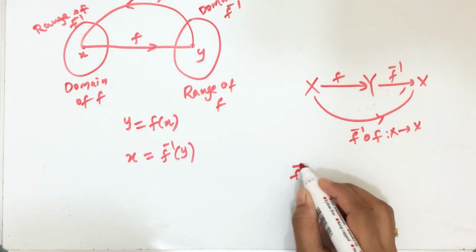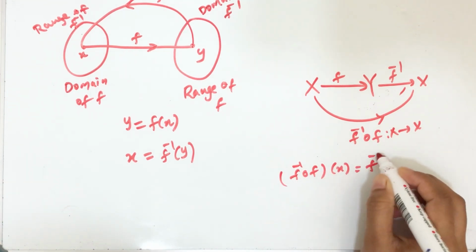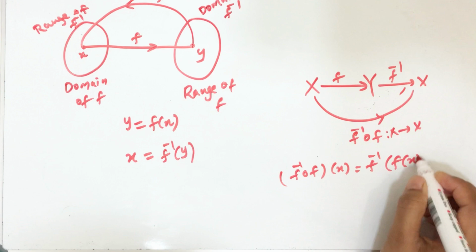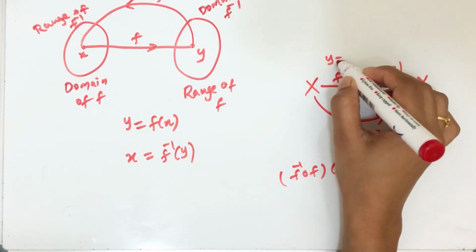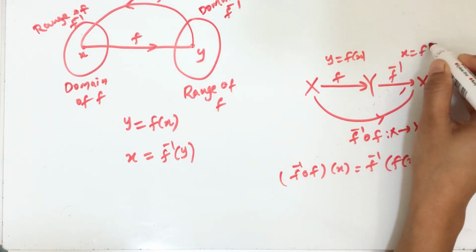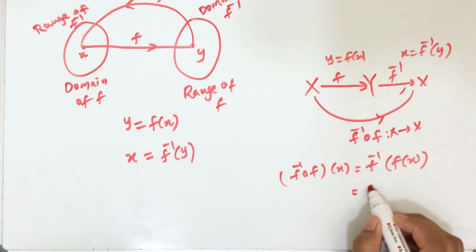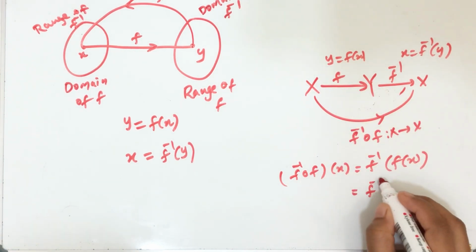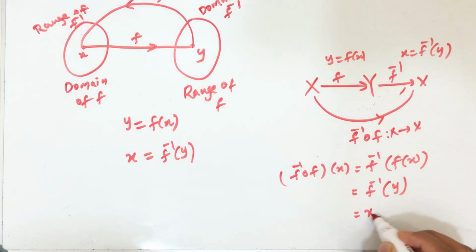We can say f inverse composite f of x is equal to f inverse of f of x by definition. Here y equal to f of x, and x is equal to f inverse of y. So instead of f of x we write y, and f inverse of y equals x.